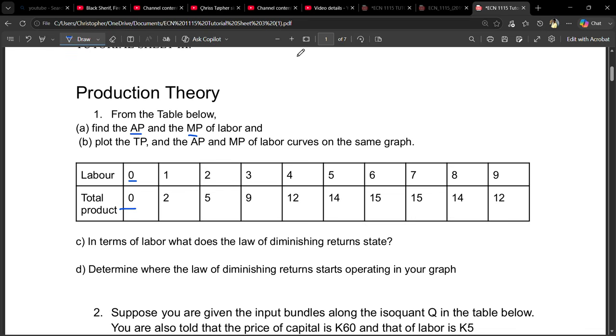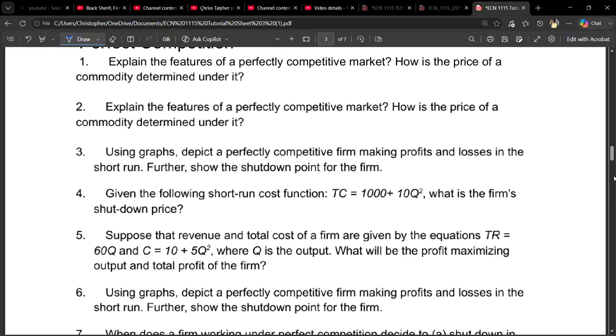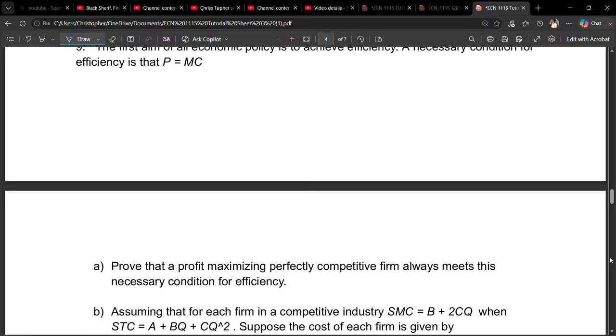Plotting this on the same graph will mean that you're going to draw something like that. I hope you can see from here. I don't have a whiteboard where I can write this, but I hope you're able to see from there. Okay, let me just try to find some empty space where we can put it. Okay, so we can draw something like that.